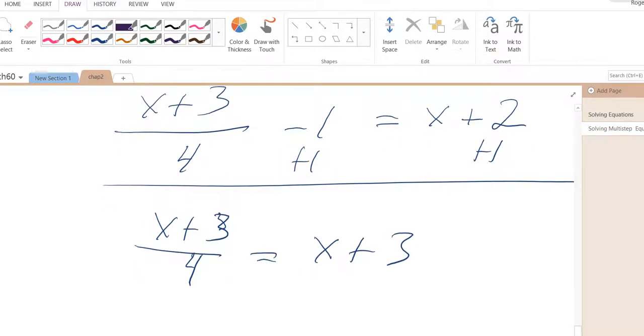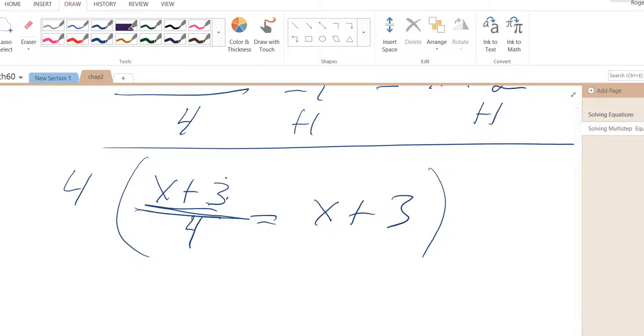Now, one thing we could do here is if we think about this a little bit, we have this division. So what should we do to get rid of that division? Yeah, let's times everything by 4. That's a great idea. Because then it's going to clear that 4 out of there.